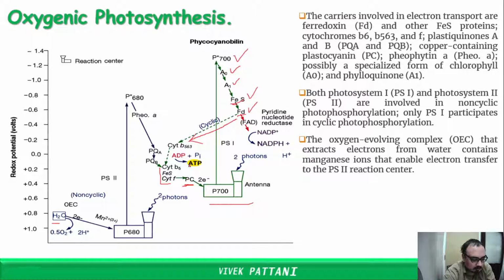So it is termed a cyclic process. The plastocyanin serves as an interlink. Now from pyridoxine to FAD, the electrons are passed on to NADP plus to form NADPH, and the hydrogen ion is released. Now moving to photosystem 2.